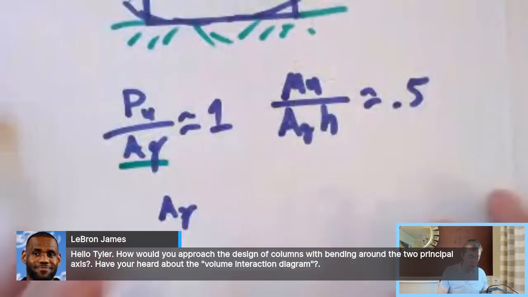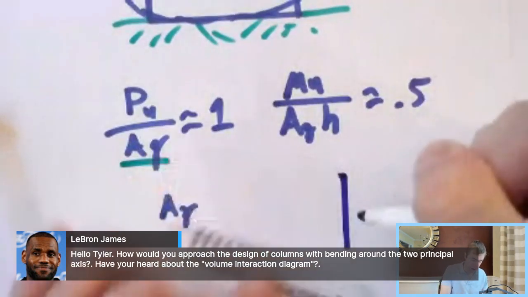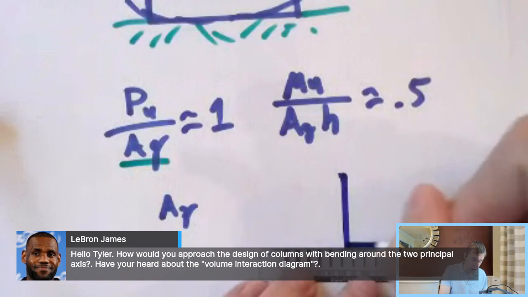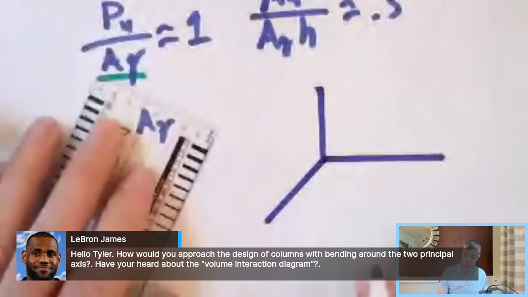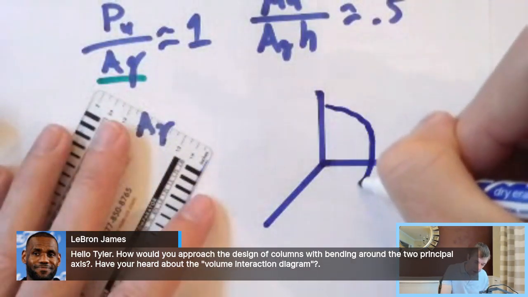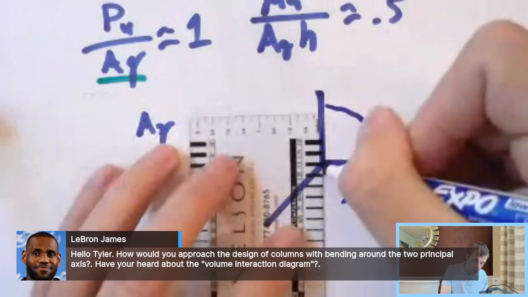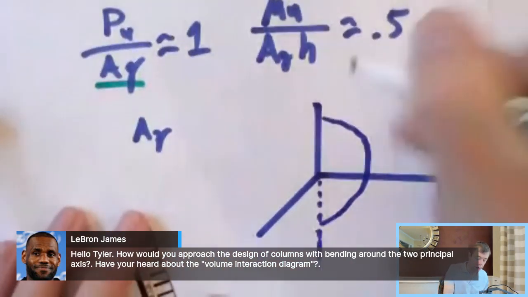And what happens is, let's draw this in 3D. So here is my 3D axes. And this is interaction diagram number 1. That's failure plane number 1.